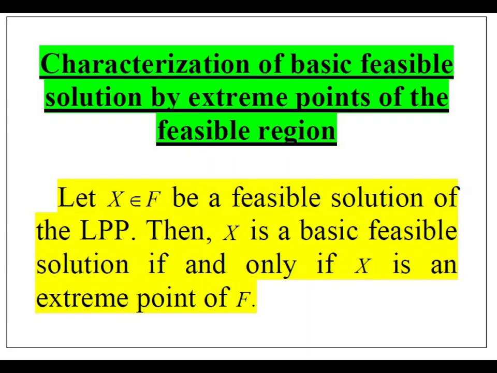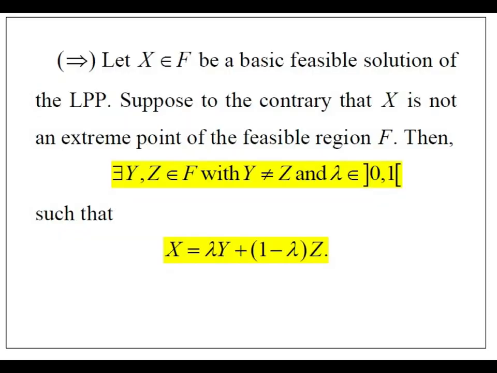We may characterize a basic feasible solution by an extreme point of the feasible region. Let X be a feasible solution of the linear programming problem. Then X is a basic feasible solution if and only if X is an extreme point of the feasible region. The proof of part 1 depends on the method of contradiction.